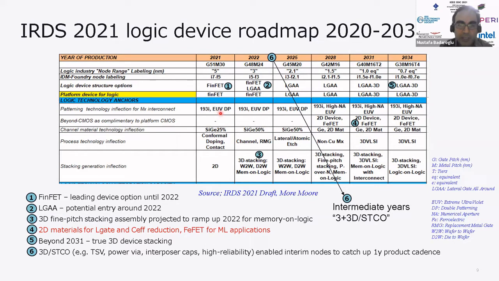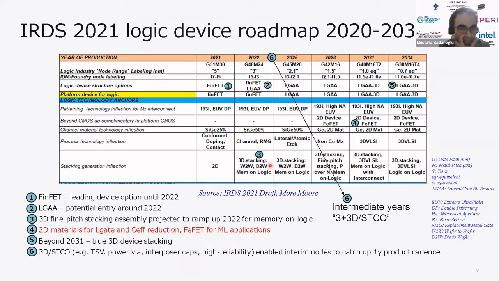In terms of the channel material, there's a transition, because of the heterogeneous stacking capability, to silicon germanium to germanium channels. Maybe 2D material can be a better alternative if the manufacturing solution is created for this. But this technology roadmap needs to go with fine pitch stacking technologies, where the stacking generation inflection.